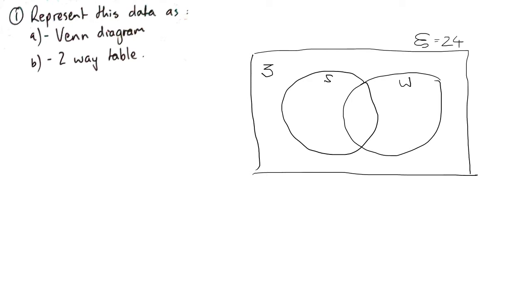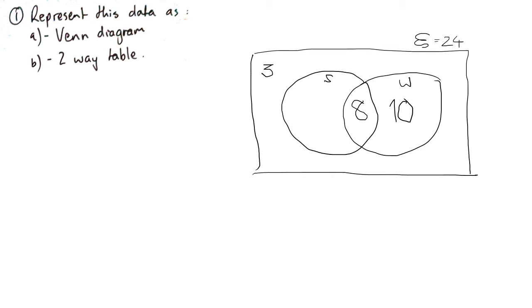The "only" tells us they are in W but not also in S, so they've got to be here. The remainder of students are getting the racer snakes, but we also have to think about which students get both gifts. We're told that 8 receive both, so they must go in the intersection there. Then all we've got to do is make our numbers up so that we've got 24.